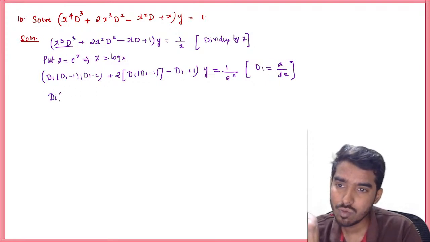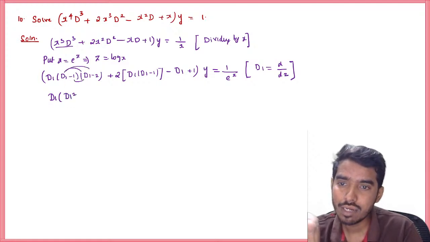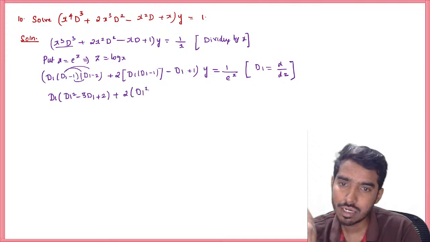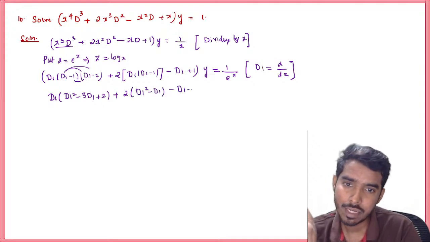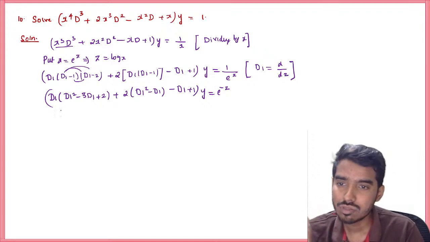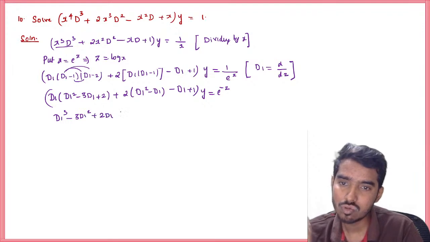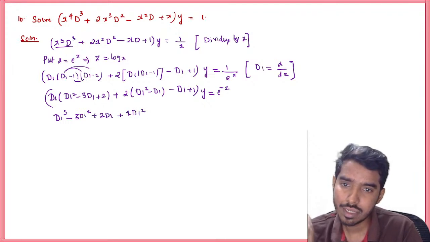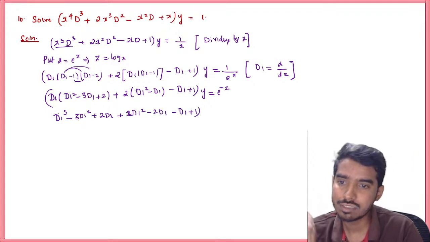Now simplify this. We will have D1 into (D1 square minus 3D1 plus 2), plus 2 into (D1 square minus D1), plus 1 of y equal to e power minus z. Very simple, it comes under type 1. Multiplying out, D1 cube minus 3D1 square plus 2D1 plus 2D1 square minus 2D1 minus D1 plus 1.